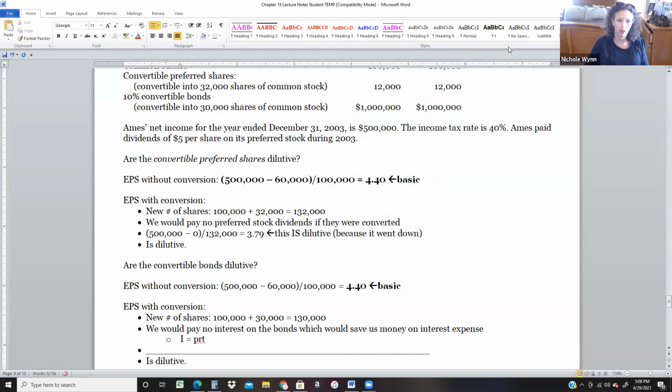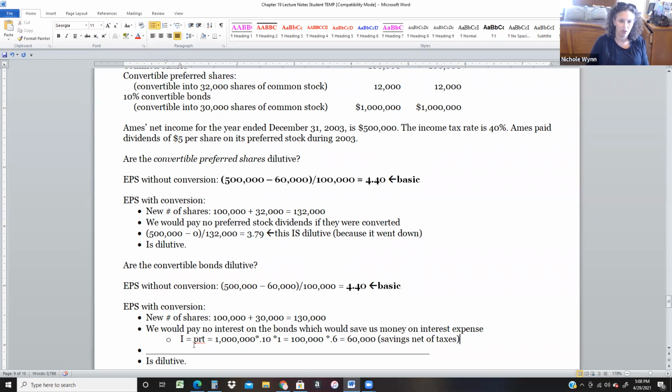That is 1 million times 10% for 1 year. So 100,000, and then take it times 0.6 to do it net of taxes. And this would be the savings net of taxes.